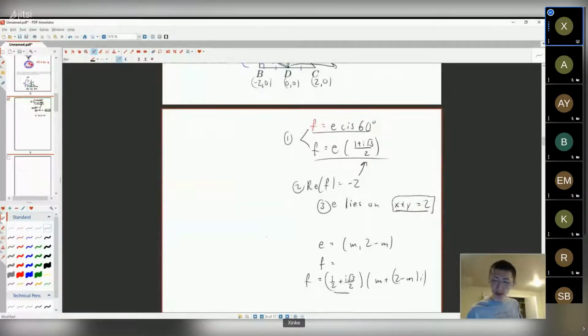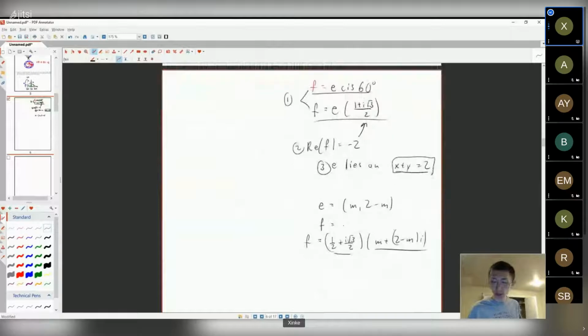So it's cis 60 times E. If we multiply it out, you'll get some stuff: M minus 2 over 2, plus i times (2 minus M over 2 plus root 3 M over 2).